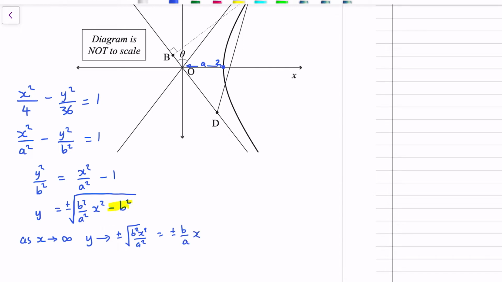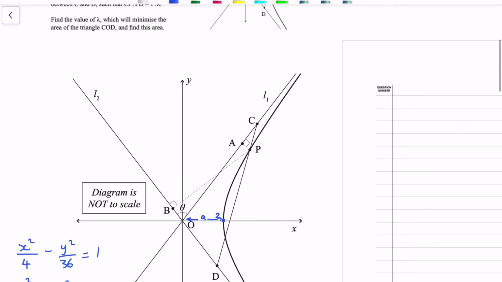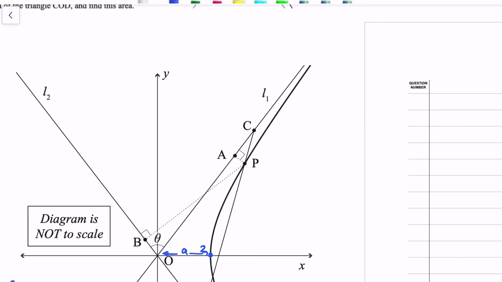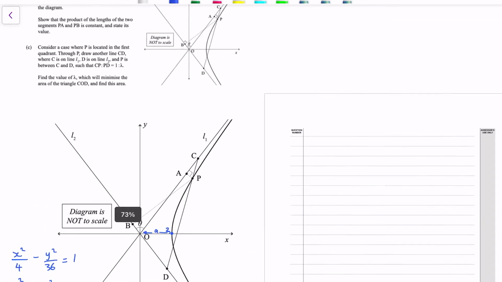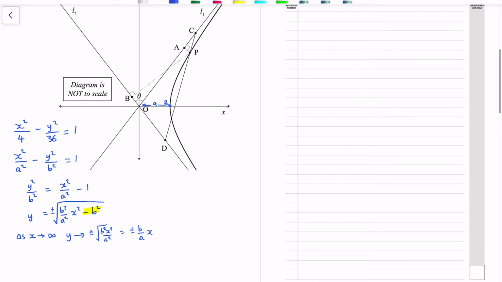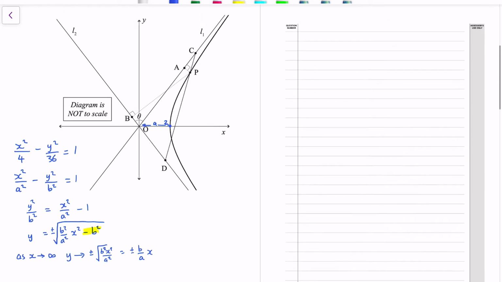So in other words, if we zoom out, the hyperbola is tending towards a straight line as x gets large. Knowing that the asymptotes have a slope of b over a and minus b over a enables us to put in a rectangle in here, using the slope of the asymptotes, also using the equation of the asymptote.